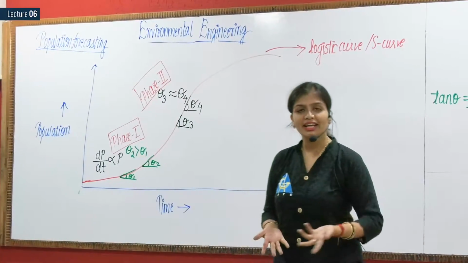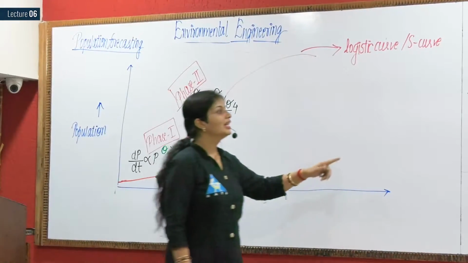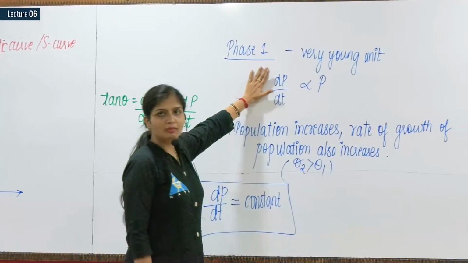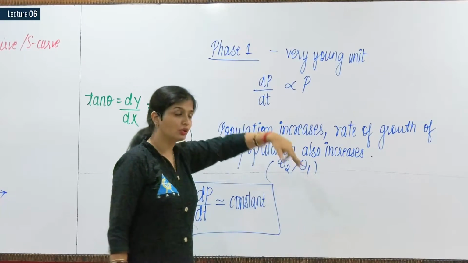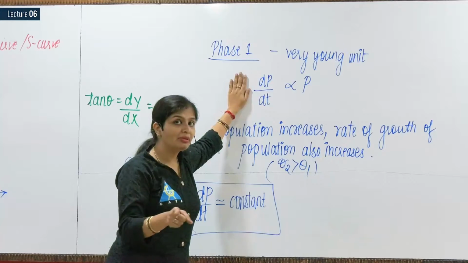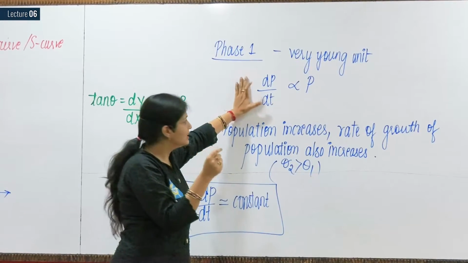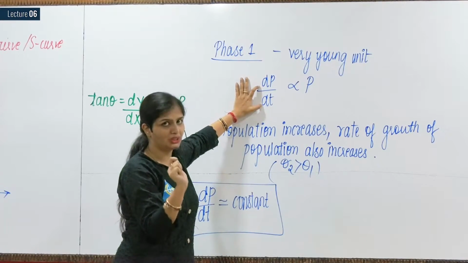Fine, the demands are less, the supply is more, and all these reasons make this statement that rate of growth of population is directly proportional to the population. So population increases and the rate at which the population grows also increases. Why am I telling you this again and again? Because in the third phase, this rate of growth thing will also come into picture, and there is a twist.